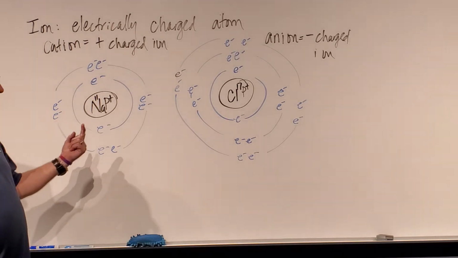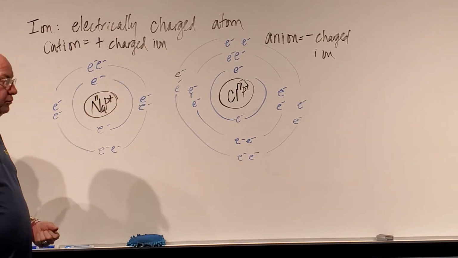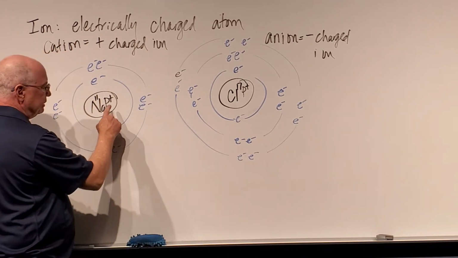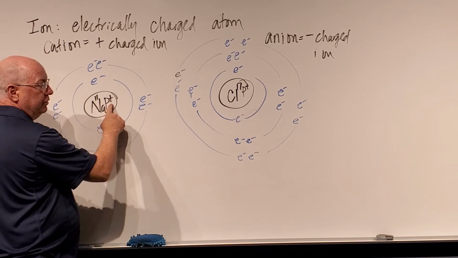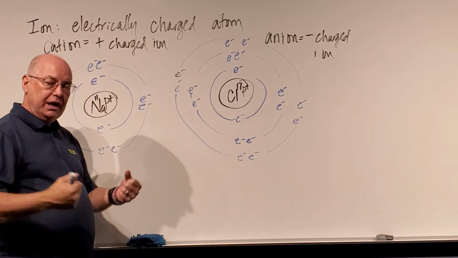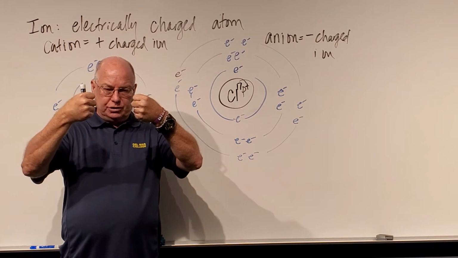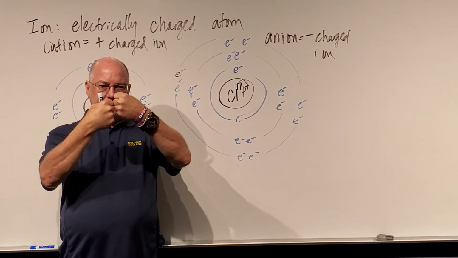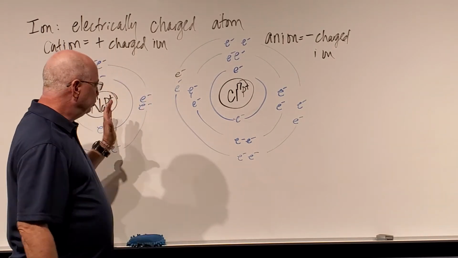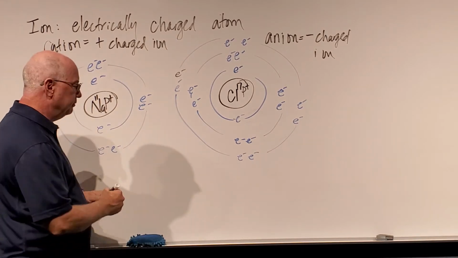And cations and anions can interact with each other because this one has a positive charge, this one has a negative charge, and oppositely charged substances will attract each other. They can form a bond between these 2 ions called an ionic bond.